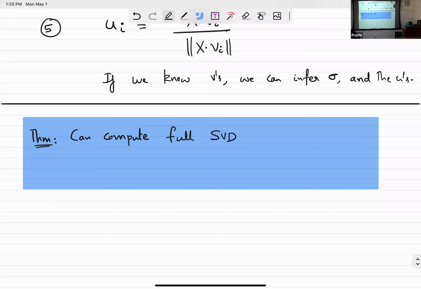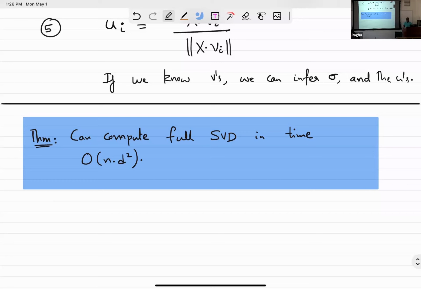And what we know is that I can compute the full SVD in time O of n d squared. Assuming that you have a tall matrix, this is what you would use. Otherwise, you would use n squared times d. But you can compute the full SVD in time n times d squared.